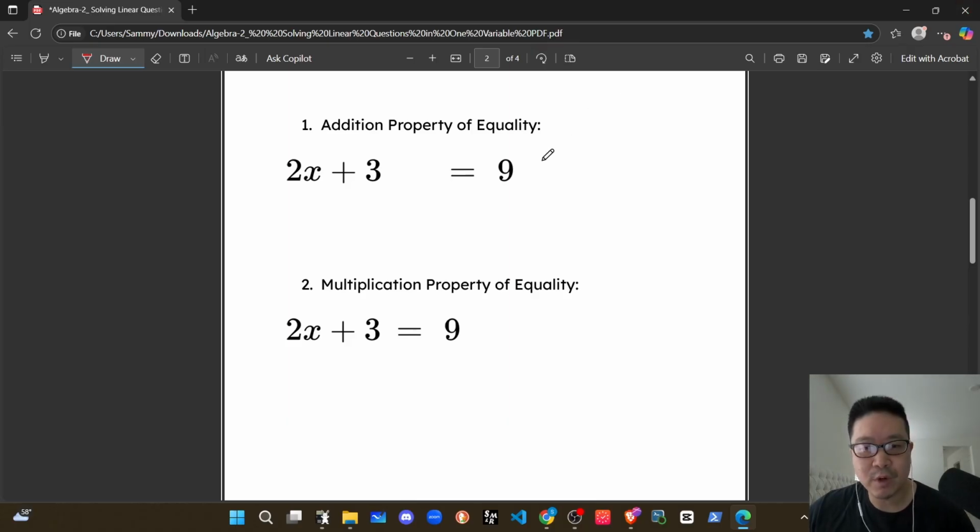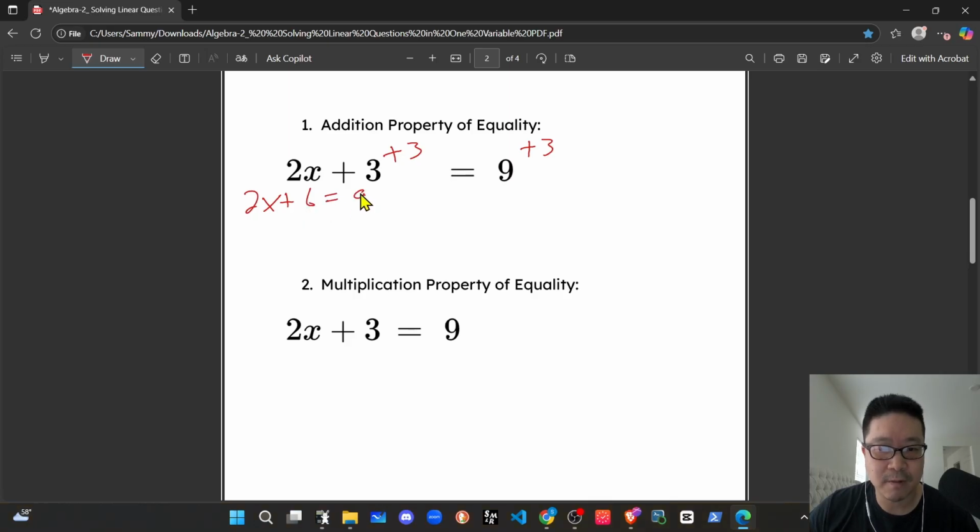Here we have the same equation from previously, 2x plus 3 equals 9. I'm going to add 3 to both sides and see if we get a true equation. So when we do that, we get 2x plus 6 equals, sorry, not 9. 9 plus 3 is 12.